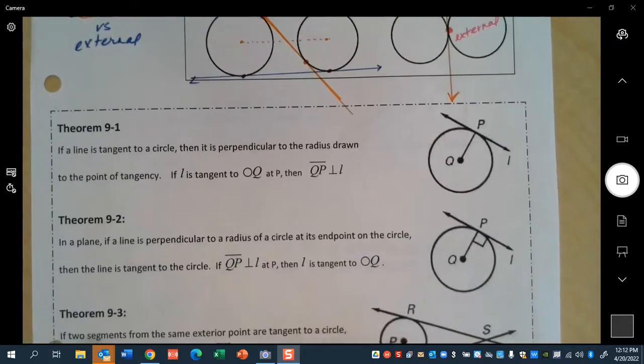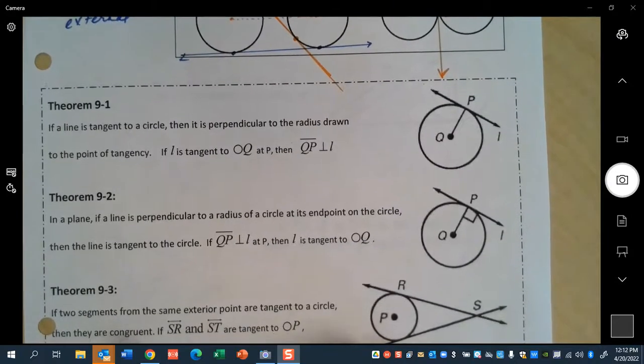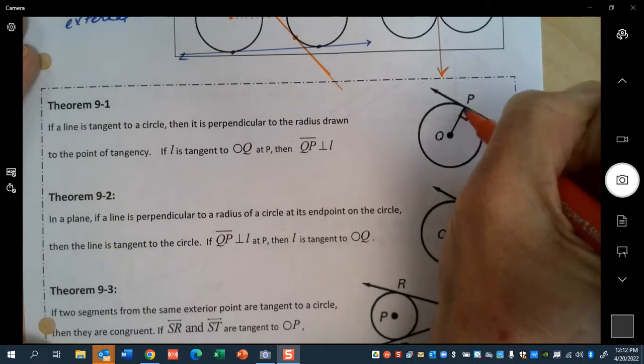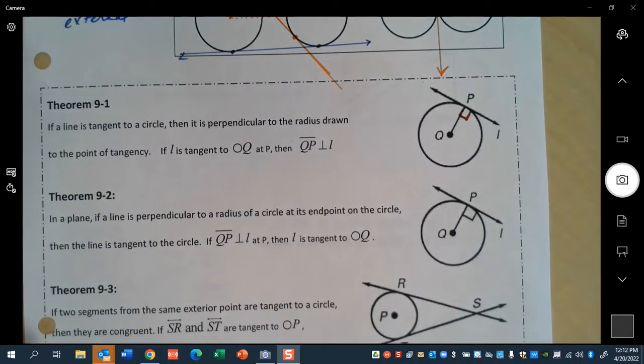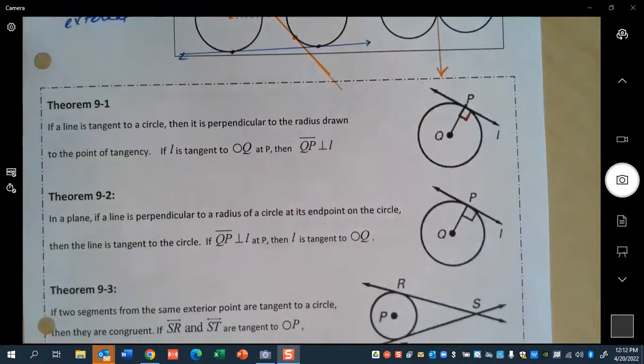Here's why we care. Because if a line is tangent to a circle, then it's going to be perpendicular to the radius drawn to the point of tangency. So that means that this angle is guaranteed to be a right angle if this line is tangent.